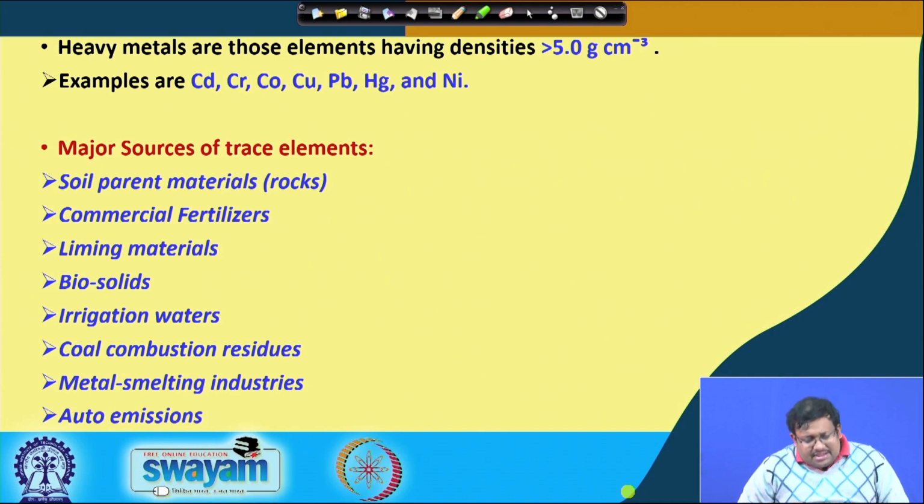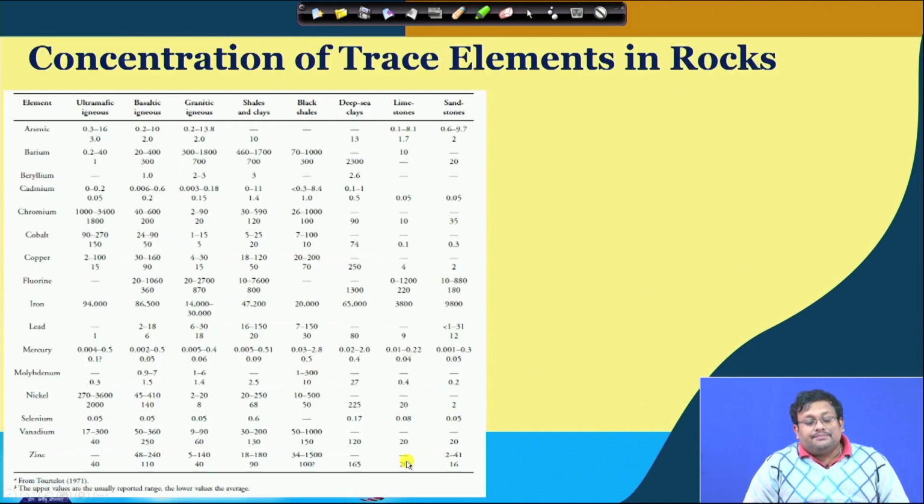Most of these trace elements are geogenic in nature, and some of them are anthropogenic. Soil parent material, meaning rocks, is one of the major sources. Commercial fertilizers, liming materials, biosolids, irrigation water, coal combustion residues, metal smelting industries and auto emissions are all different sources of these trace elements.